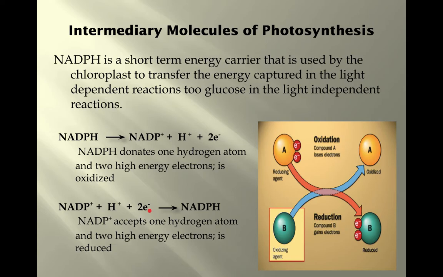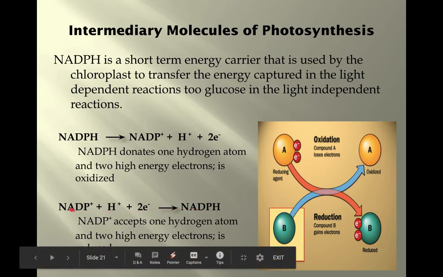NADPH will be created in the light dependent reactions. This reaction here, which I should have put on the bottom, will happen in the light independent reactions, and we'll look at it later.